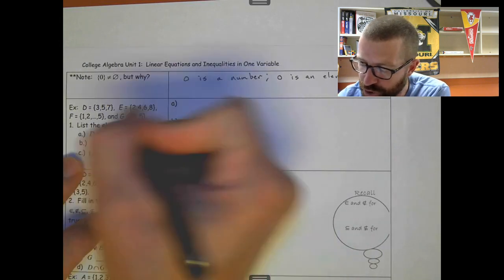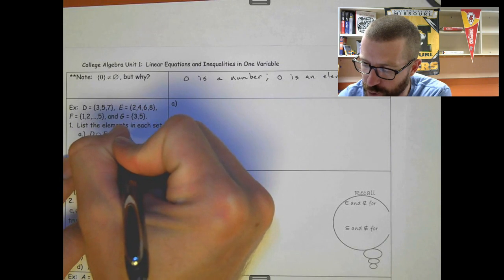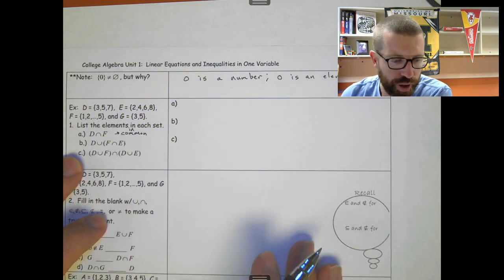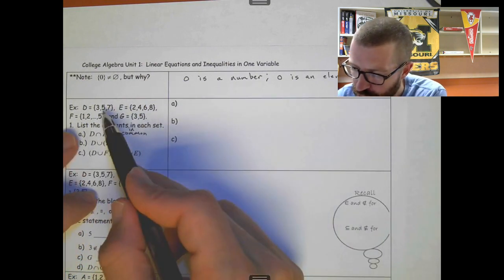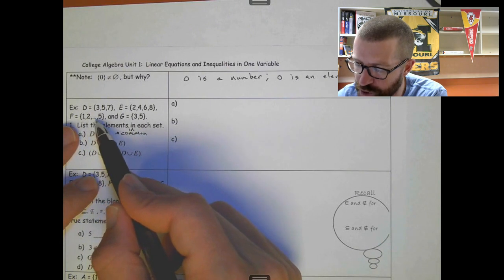Okay, so on A, this is D intersect F. So this is what they share or have in common. D and F both have a 3. D is 3, 5, 7, and this dot dot dot means the pattern continues.